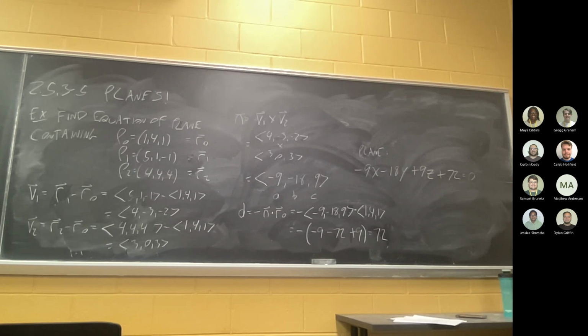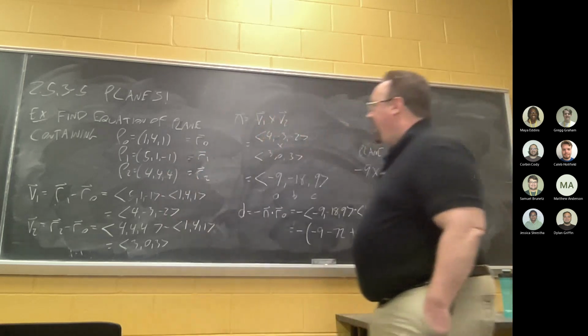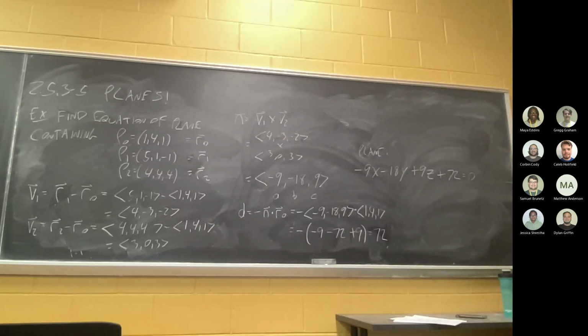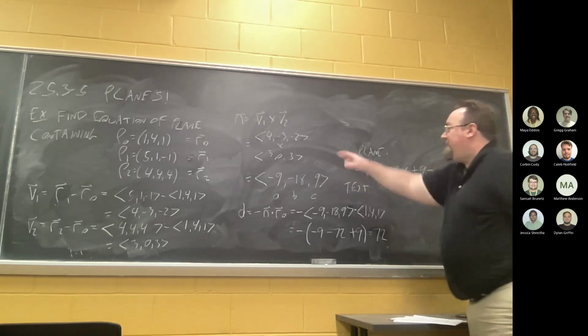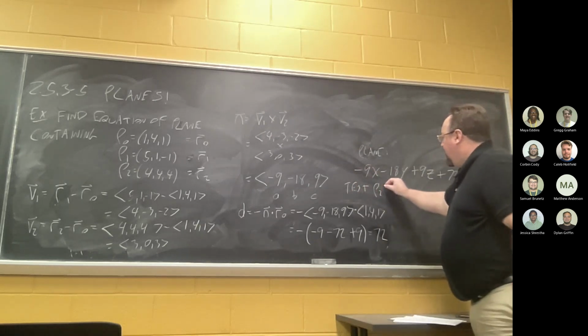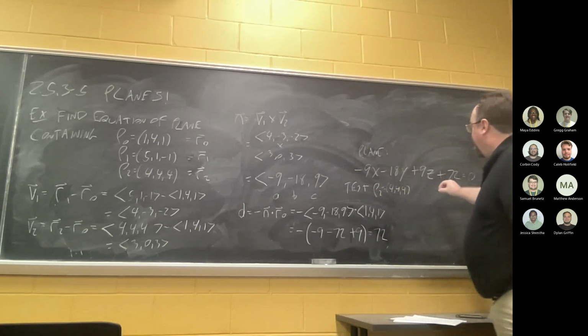One thing you can do to check your equation is here we have two other points that are in the plane. So presumably if you plug in any of those points into this equation, it should be satisfied. And at the risk of embarrassment, I'm going to try it right now. So let's test R2. That's 4, 4, 4. Oh yeah, it's gonna work.